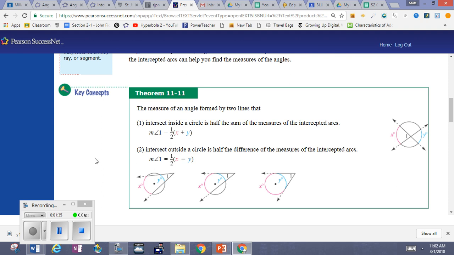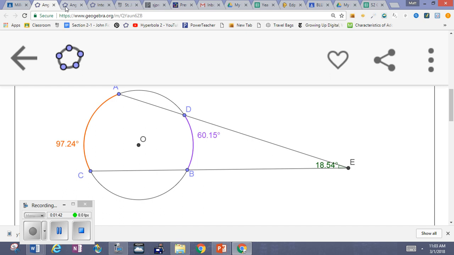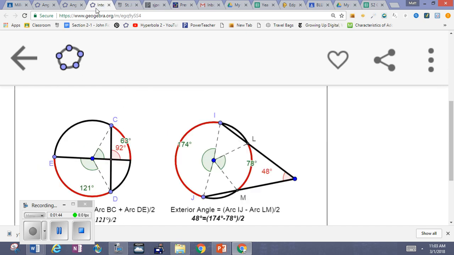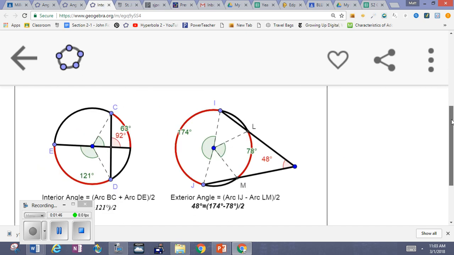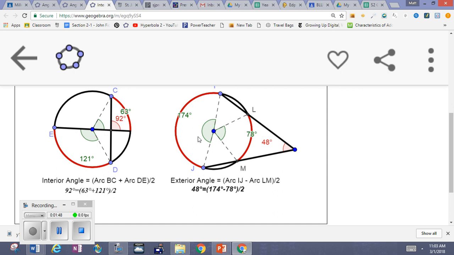We'll look at a few of these within the GeoGebra files that I'm going to provide for you. The first GeoGebra file is right here, and this lists both. Here's the interior angle, which as it stands here is 92, which is 121 and 63 added together, which is 184, and half of that is 92.